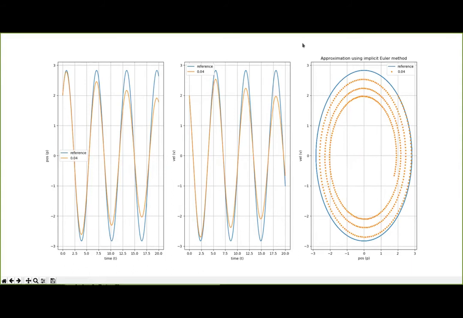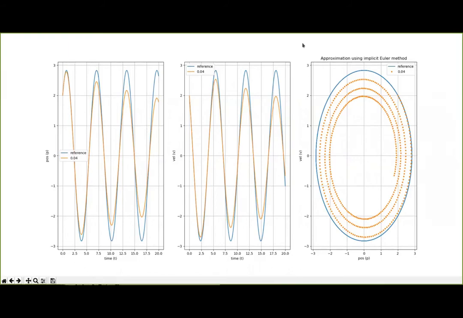Again, we have got the reference solution as a blue curve, and the orange curve depicts the numerical approximation obtained by the implicit Euler method with step size 0.04. Everything over the time interval from 0 to 20. And what we can tell here, looking at the position and velocity variables, is that the amplitude of both of these functions decreases over time.